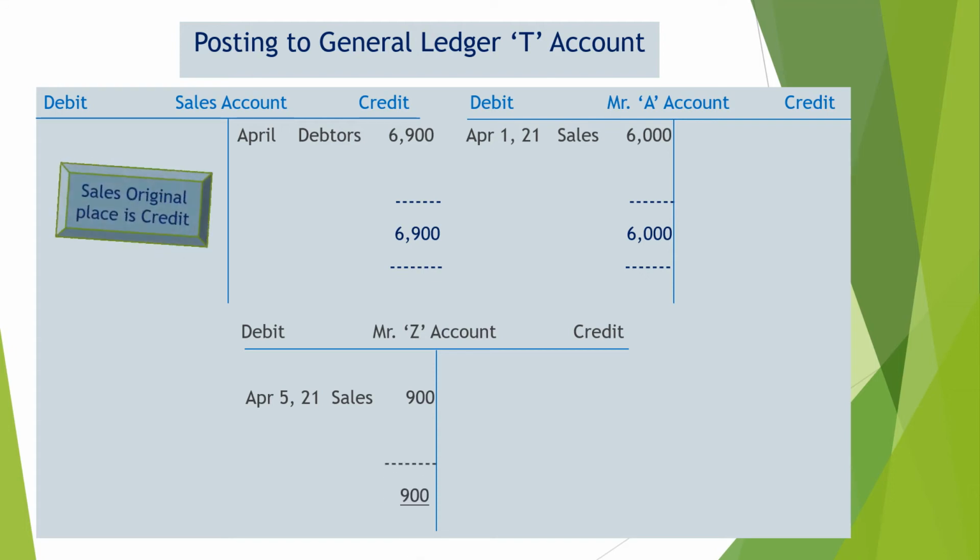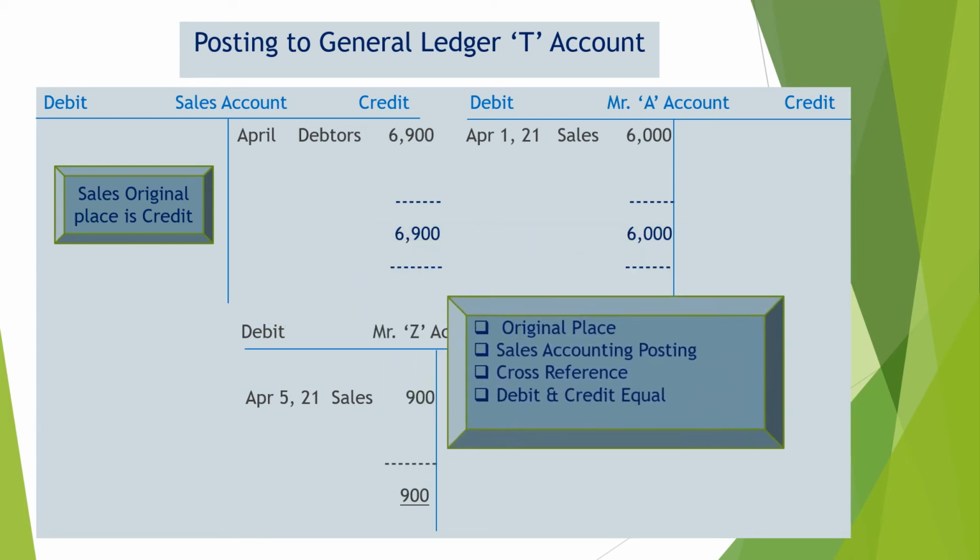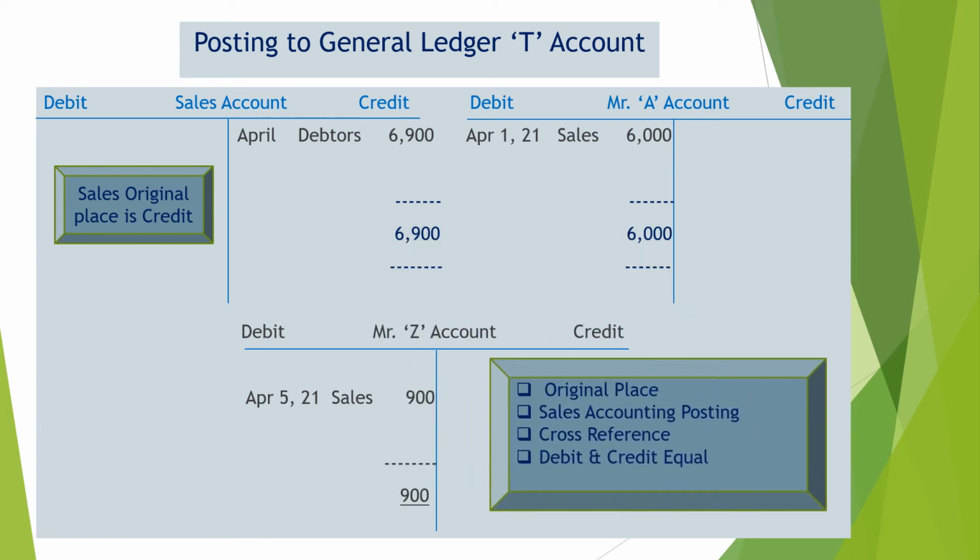Now, there are some points to be noted here. What is the original place? The sales daybook original place is credit. Then comes sales account posting. The total of the sales daybook is posted in the sales account in the general ledger in credit. Cross-reference: there will be a cross-reference in both the effects of a transaction.